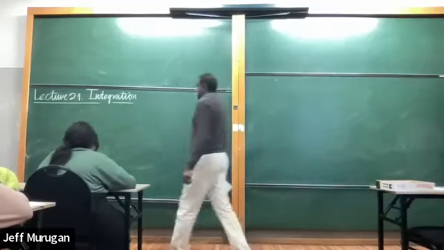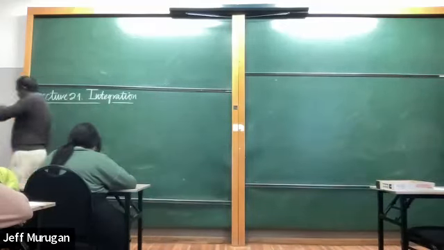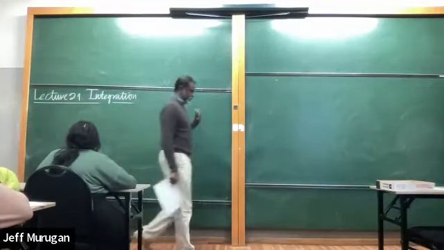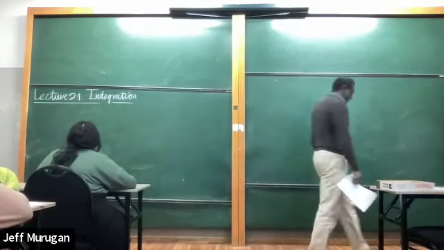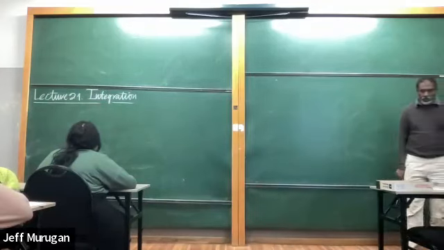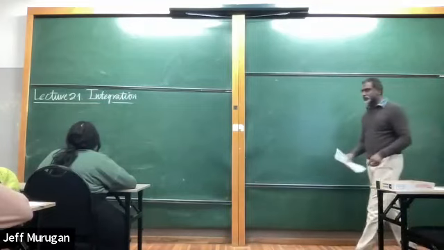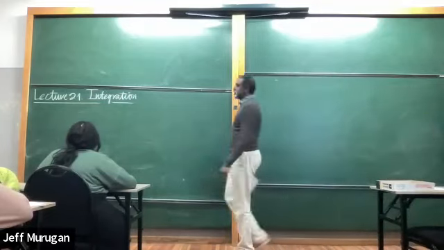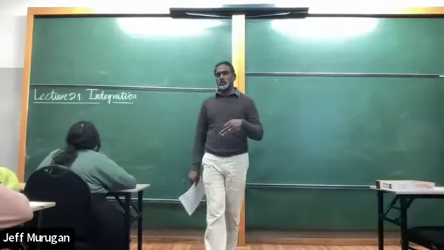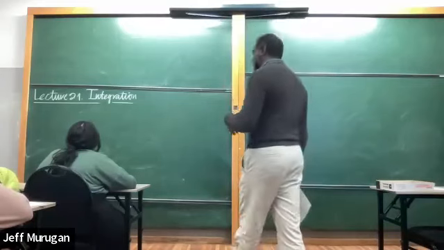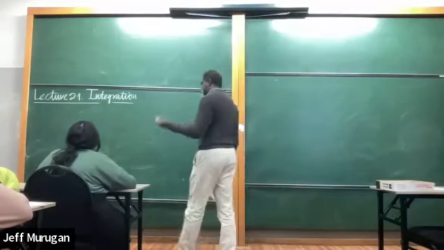So, I left you off the last time with the following statement: if I took one form, let's say omega, and another one form, eta, let's say in R3, then omega wedge eta is a 2 form. And the Hodge star of omega wedge eta is a 3 minus 2, so a 1 form.